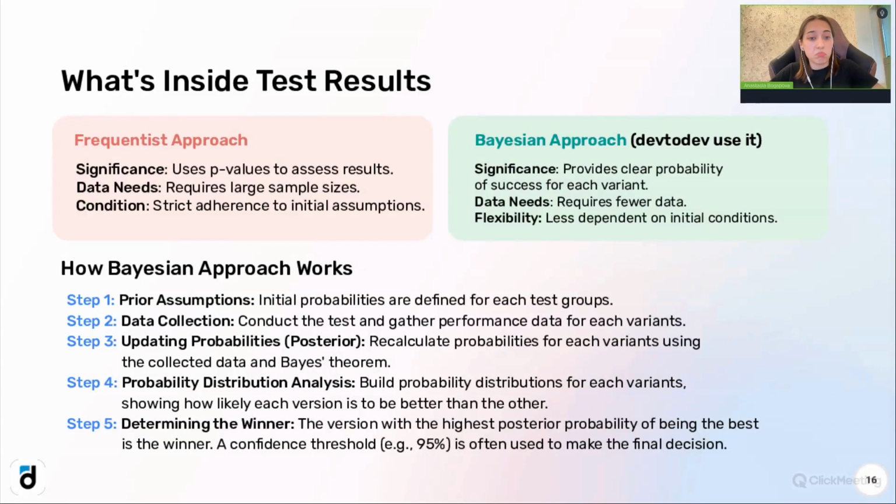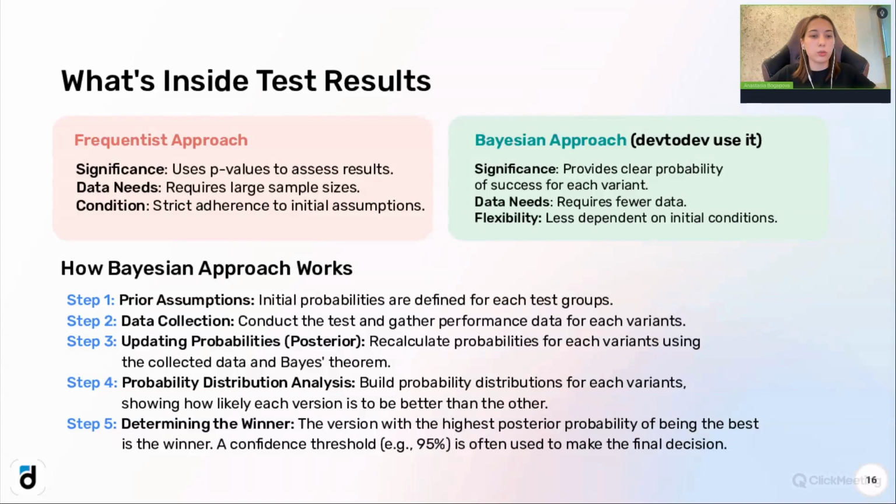On the other hand, the frequentist approach relies on the p-value to determine statistical significance and typically requires a larger sample size to ensure accuracy. Choosing the right approach depends on your specific goals and conditions.